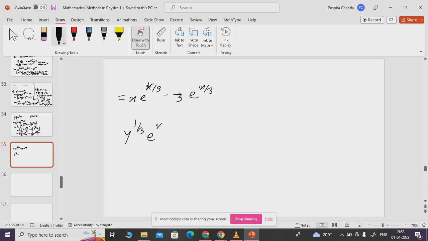So it will be x e to the power x by 3 minus 3 e to the power x by 3.